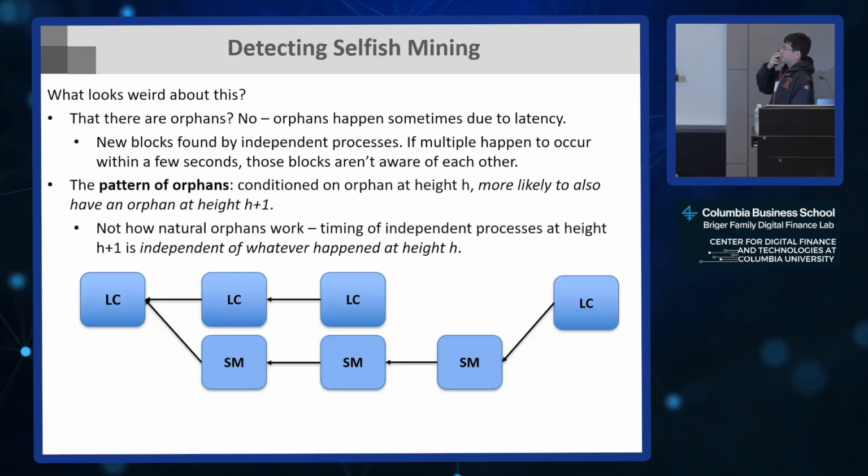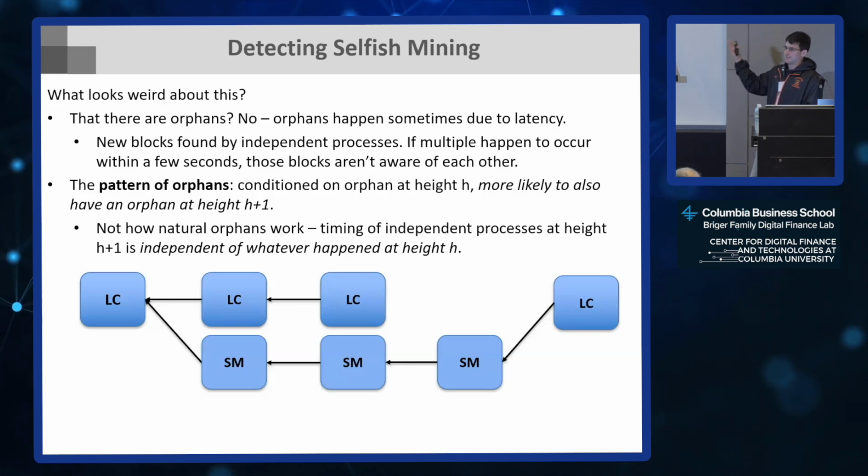I think what's weird about this is the pattern of orphans. If the orphans were really because of latency, then just because two Poisson clocks happened to tick near the same time 10 minutes ago, that doesn't make them any more likely to tick at the same time the next time. Everything is independent from block to block.